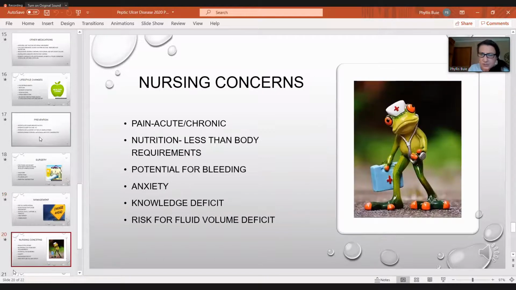Now, what are some nursing concerns that we may have with these patients? Well, they're going to have pain. It may be acute, or they may experience chronic pain as well. If they have had a long-term problem with the ulcers, they are typically going to be malnourished. Their weight's going to be below the expected BMI for their height. They're not going to heal well because their nutrition is not what it needs to be.